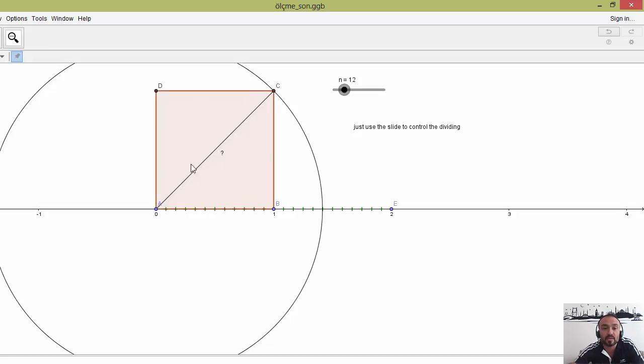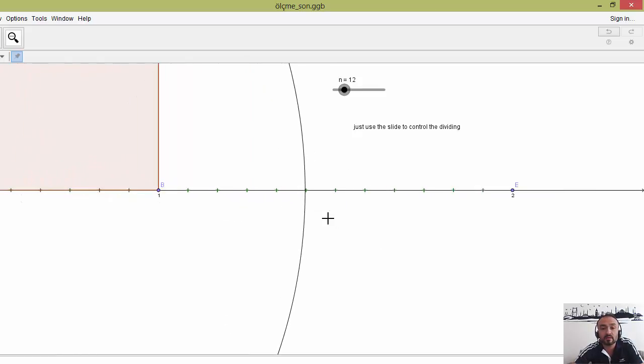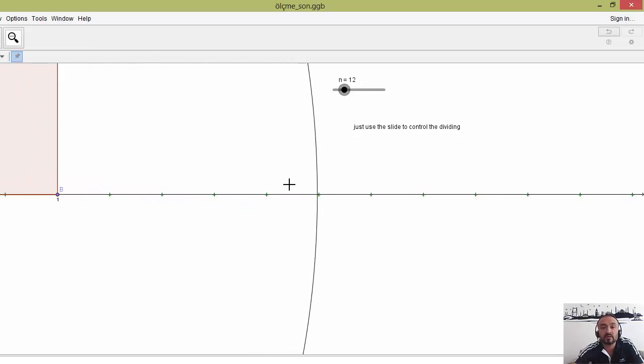The length of the diagonal is 1 and 1, 2, 3, 4, 5, 5 times 1 over 12. Maybe. Let's zoom in. When I zoom in, I saw that the 12 partitions also didn't work. It is not sufficient to measure the diagonal of the square. Let's go on searching.